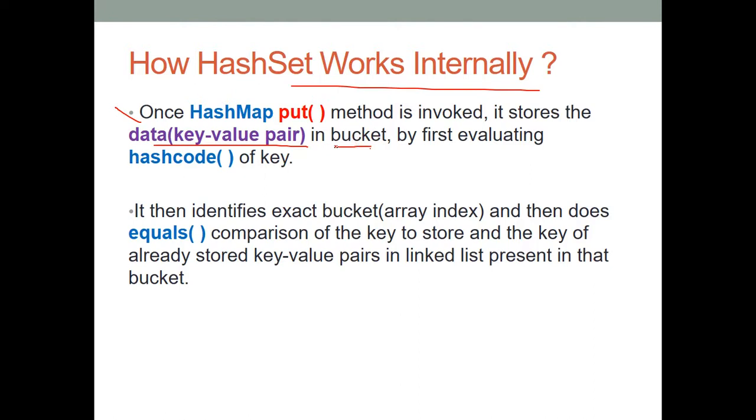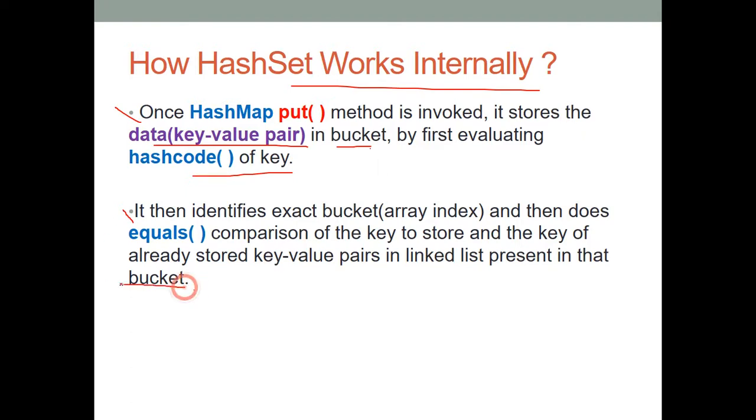By first evaluating the hash code of the key, it then identifies the exact bucket array index and then does an equals comparison of the key with the already stored key-value pairs in the linked list present in that bucket.